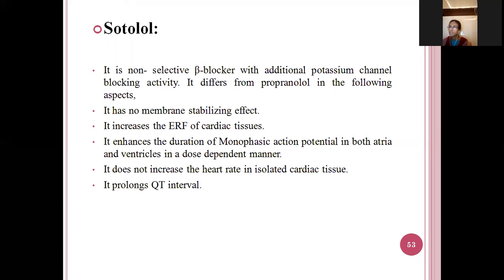It also enhances the duration of the monophasic action potential in both atria and ventricles in a dose dependent manner.